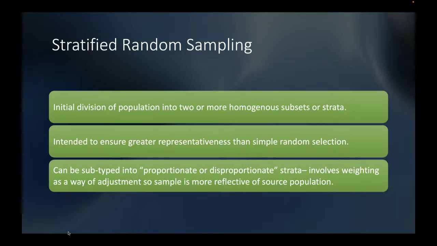So you decide that you will initially divide this population into these two groups that are homogeneous. They're the same, because if I divide them into men or women, the male side will be men only. The female side will be females only. So that's what stratified random sampling is.